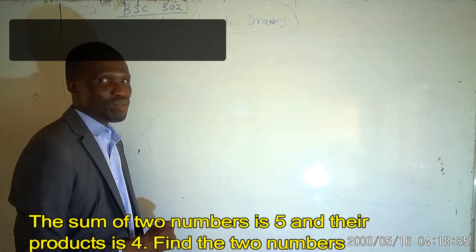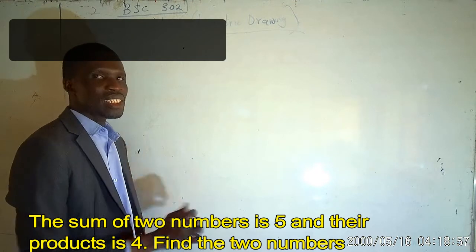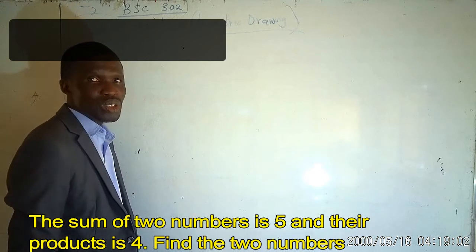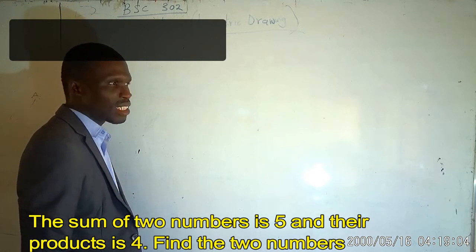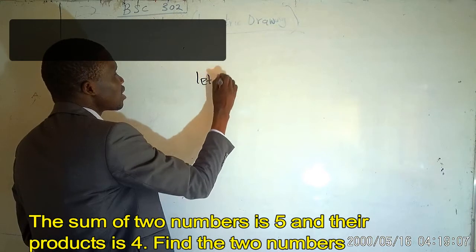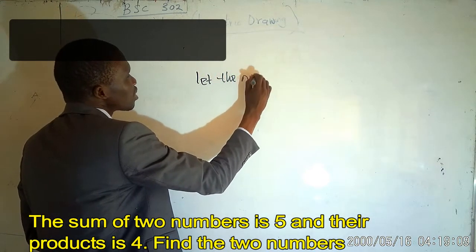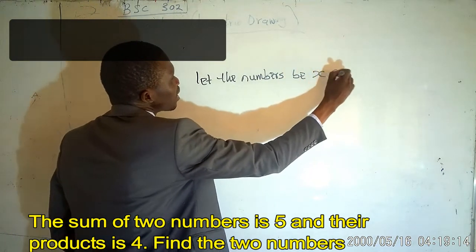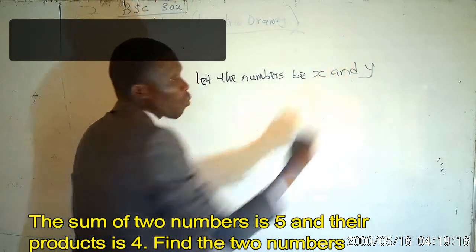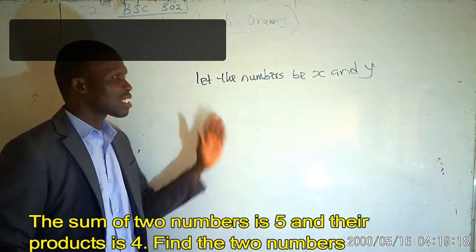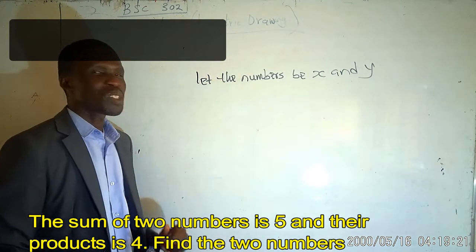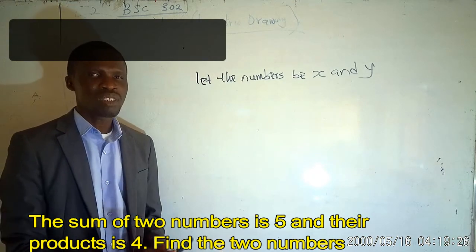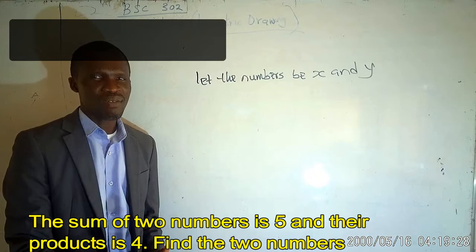You need to be very careful. So the first thing is, let's interpret the question. Now, interpreting the question, we are going to have something like this. Let the numbers be x and y. So if the numbers are x and y, going back to the question again, the sum of two numbers is 5.